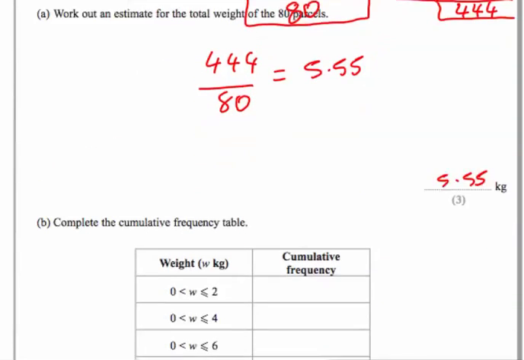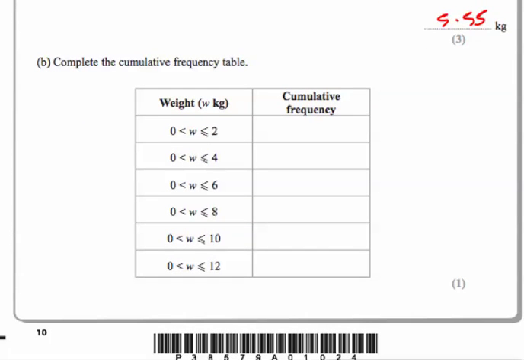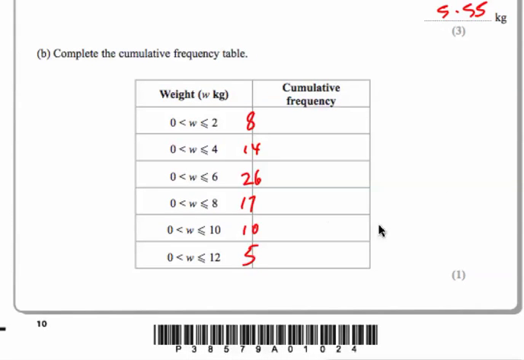Now we move on to the second part of this question, which says to complete the cumulative frequency table. I can feel a cumulative frequency diagram coming on. I've just scribbled in the original frequencies here, and cumulative frequency simply means adding up the frequencies as we go along.